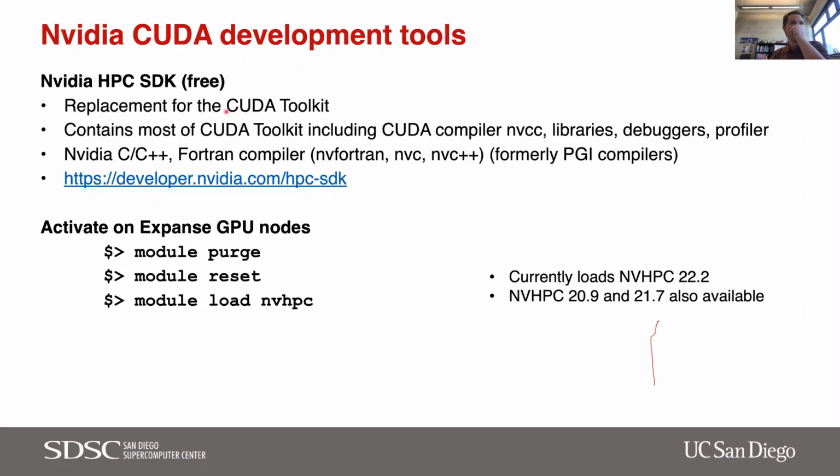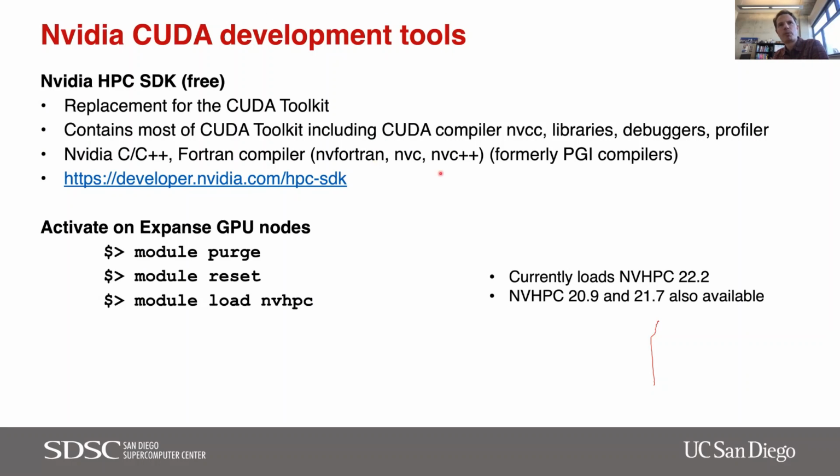Then there is the NVIDIA HPC SDK, which is meant as a replacement for the CUDA toolkit. It contains most of the CUDA toolkit, including the CUDA compiler NVCC that I mentioned before, the libraries that come in the CUDA toolkit, and the debuggers and profilers. In addition, it contains NVIDIA C, C++ and Fortran compilers. If you load that SDK, you have access to NV Fortran, NVC, the C compiler, and NVC++.